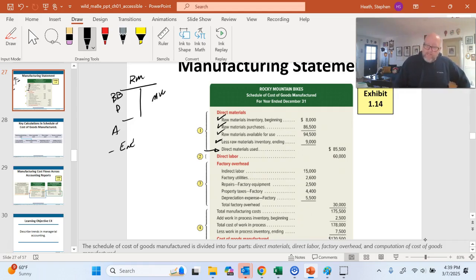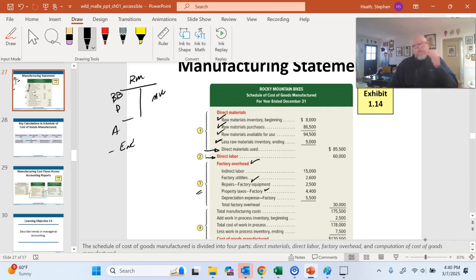Okay. The second input into work in process is direct labor, right? And there's no account for direct labor. We just quantify that. Then we have a bunch of indirect costs, which is what number 3 is. And again, we have indirect labor. There's no indirect material in this particular example, but we do have factory utilities, repairs on the factory equipment, property taxes on the factory. Anytime that we're dealing with factory overhead, we always want to look for factory, right?